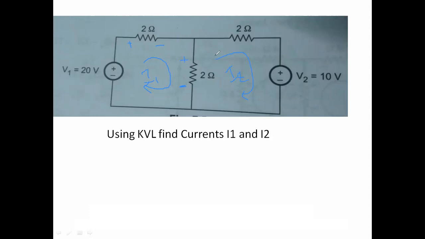Similarly, while current I2 flows through this particular loop, this becomes positive and this becomes negative. This is already plus and minus, we can't change it. For this resistor, with current I2, this is positive and this is negative.